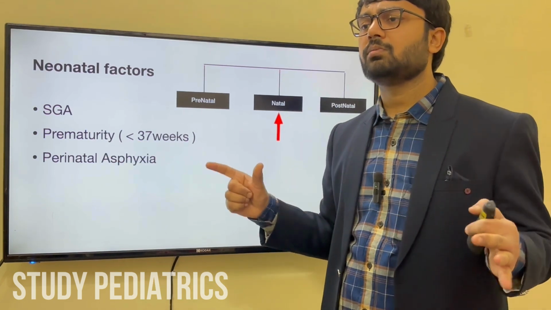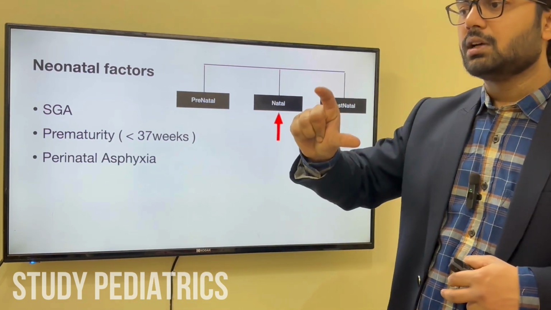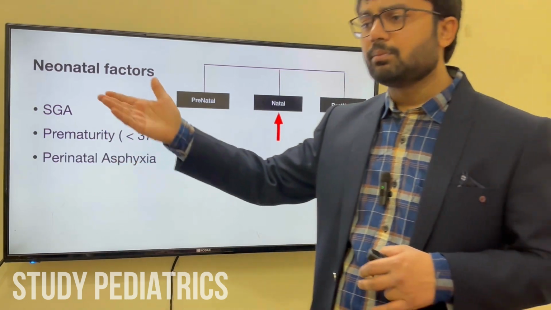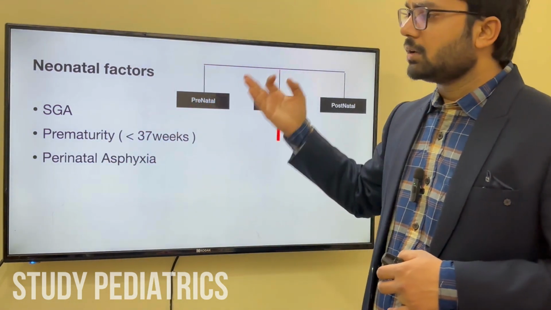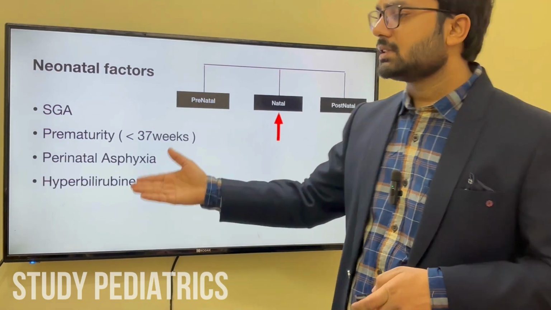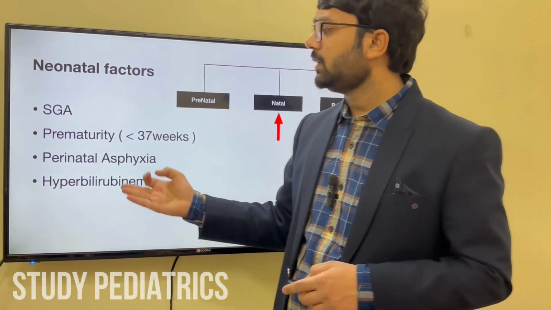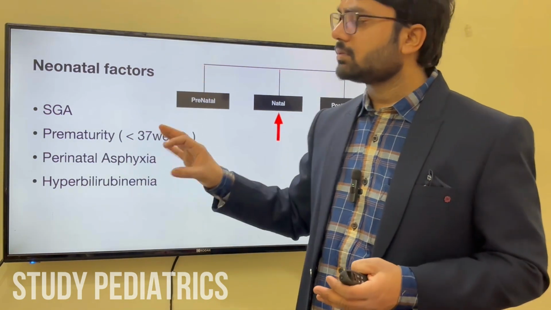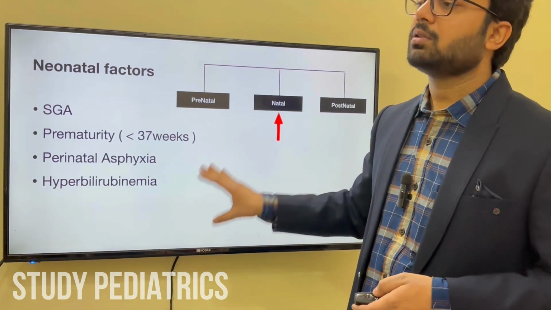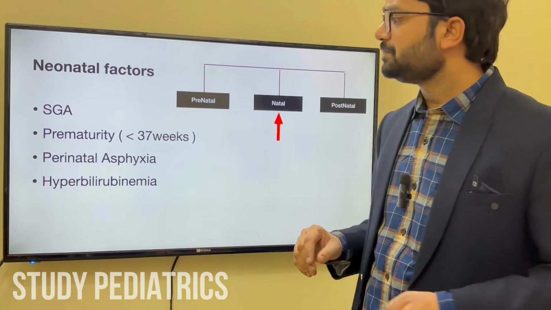Perinatal asphyxia is also important, as the brain injury due to hypoxia or asphyxia before birth or at the time of birth can result in developmental delay. Next is hyperbilirubinemia. Hyperbilirubinemia is basically an increased level of bilirubin that can affect the brain. It is one of the most common acquired causes of cerebral palsy.